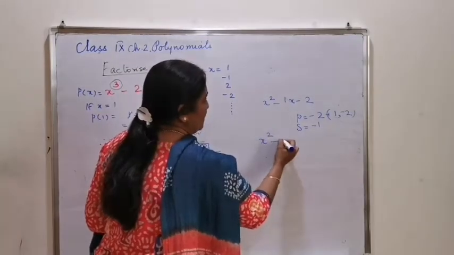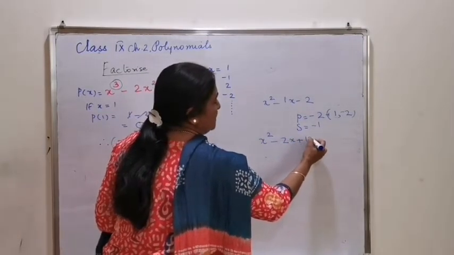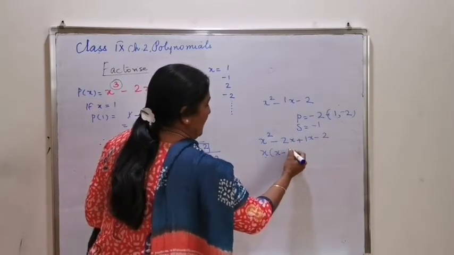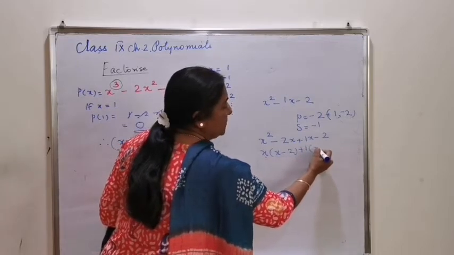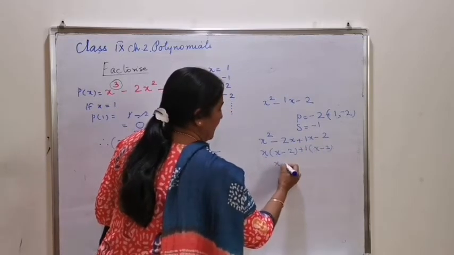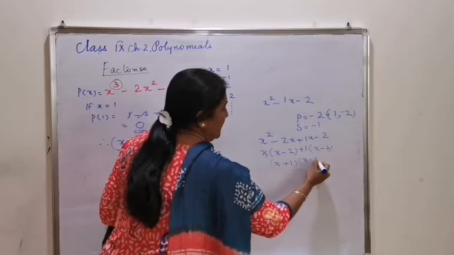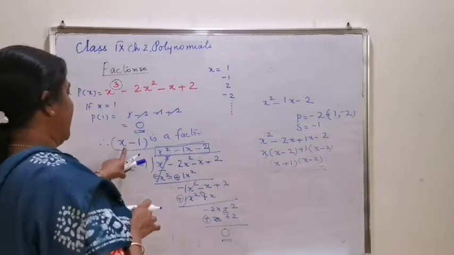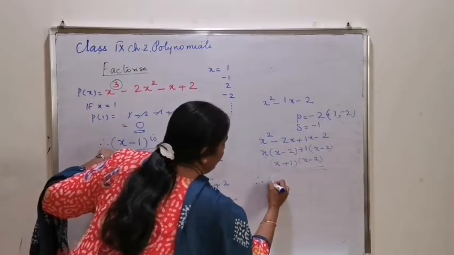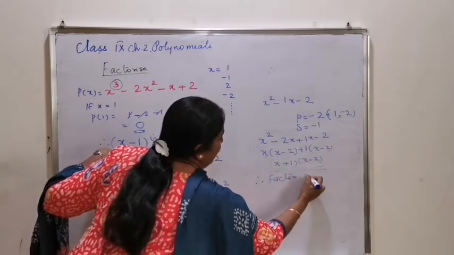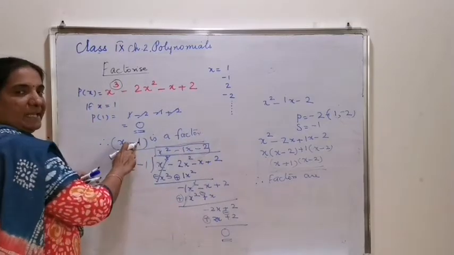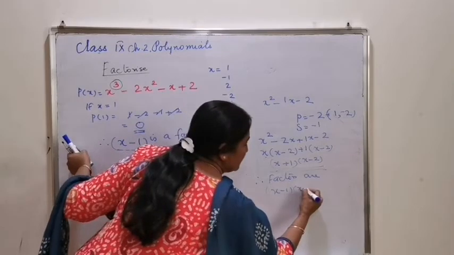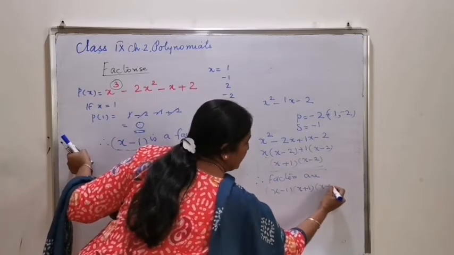That is x square minus 2x plus 1x minus 2, x into x minus 2 plus 1 into x minus 2, so x plus 1 into x minus 2. Thus, what are the three factors? The first factor is x minus 1, the second factor is x plus 1, and the third factor is x minus 2.